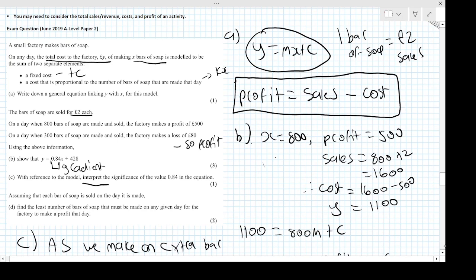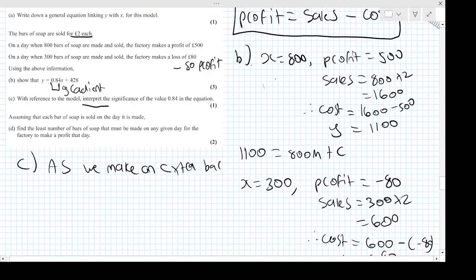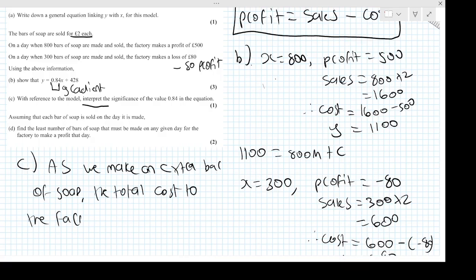As we make an extra bar of soap, that means when x goes up by 1, y goes up by 0.84. So y is the total cost to the factory. So the cost to the factory increases by 0.84 pounds, or 84p, depending how you want to write it.